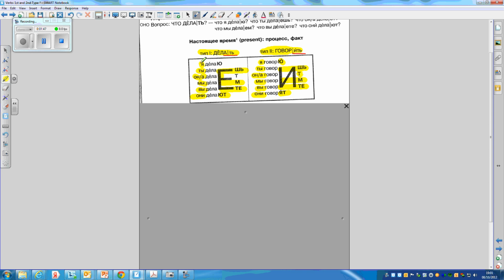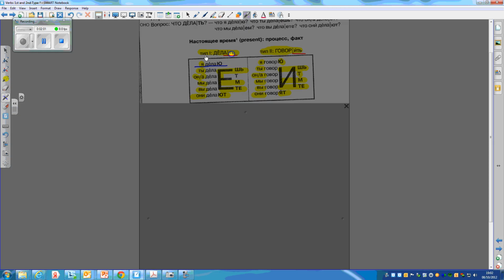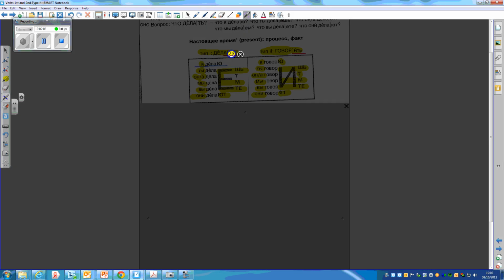And if you notice, as soon as you start using it, the ending is changing. Я делаю. So in the first type of the verb you cut the part right here, and then you take the main part of the verb and you add the ending.